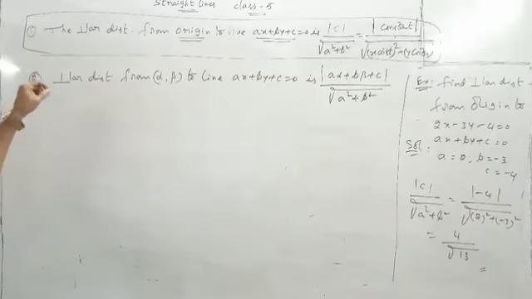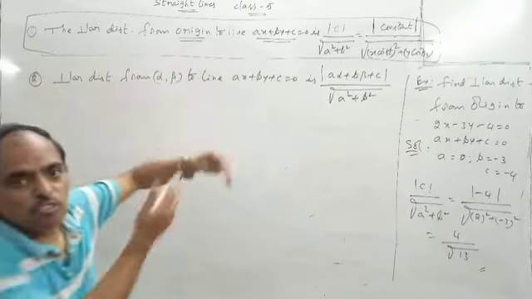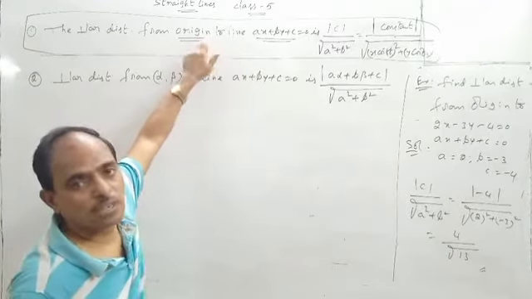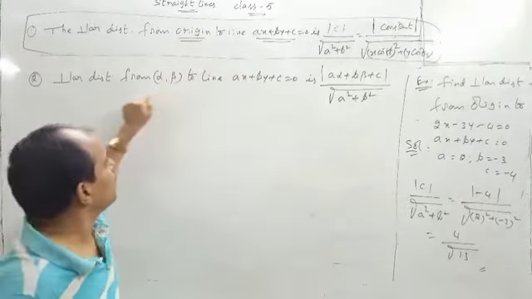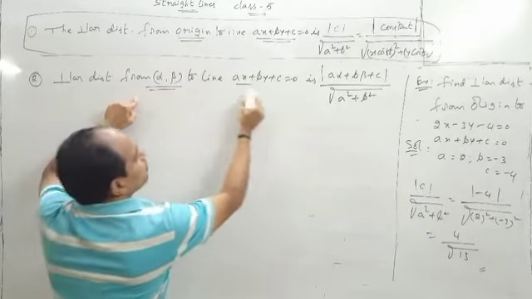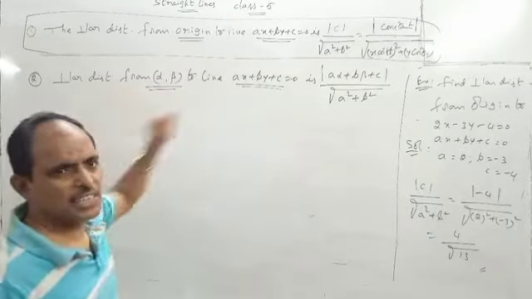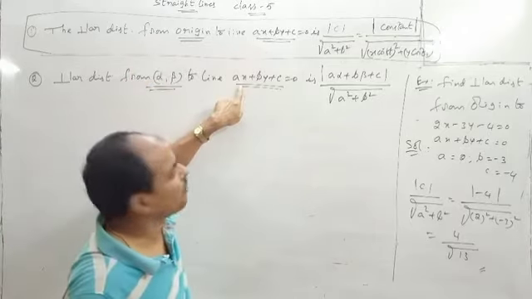This is one formula. The previous one is from origin 0 0, and here we are finding from alpha beta to this line. Just you put this point in the equation.